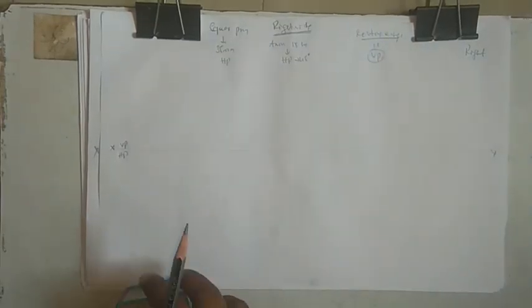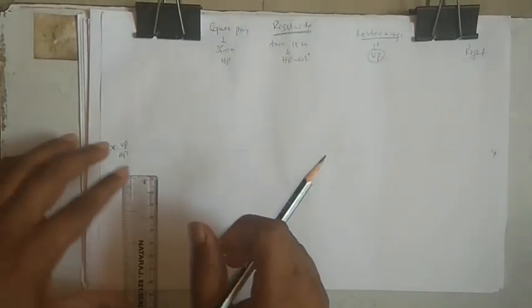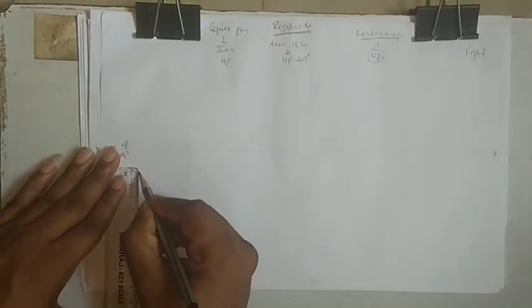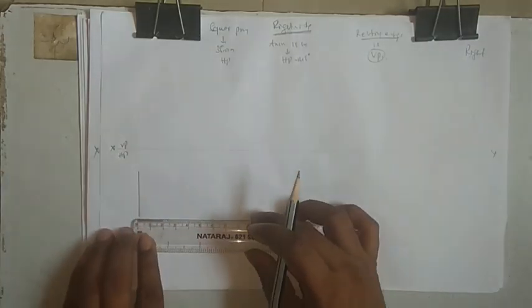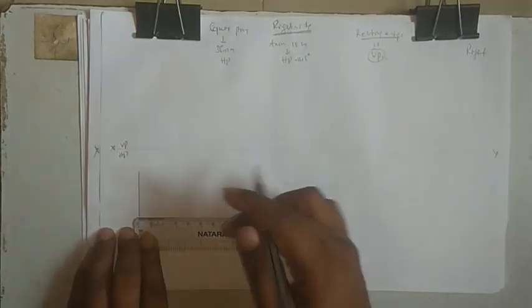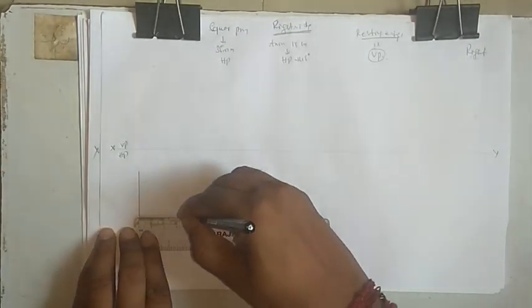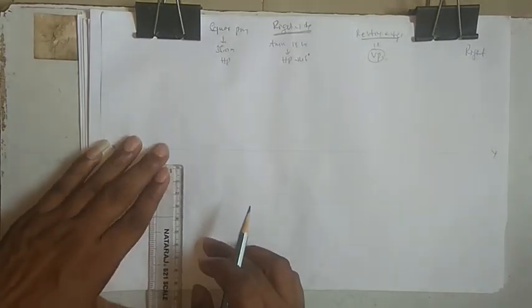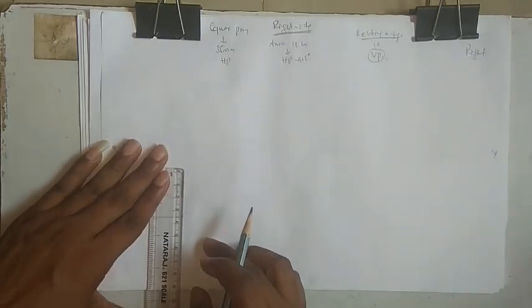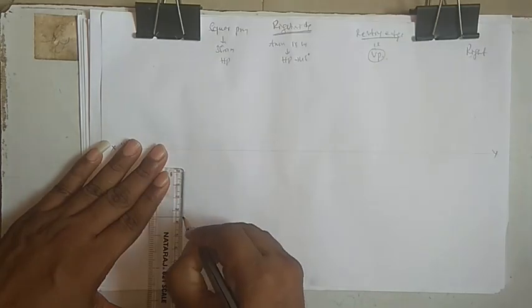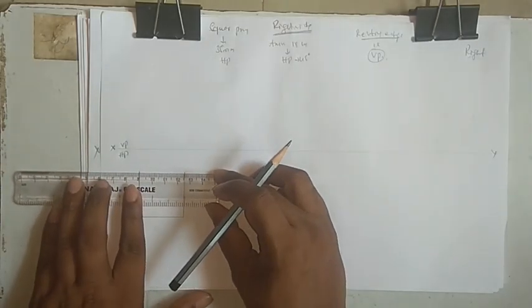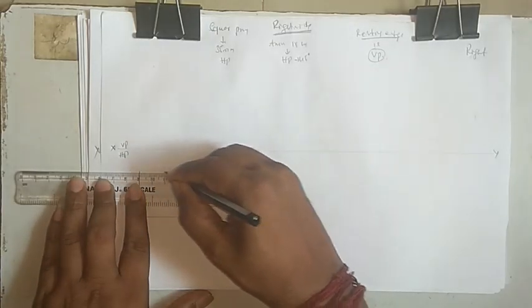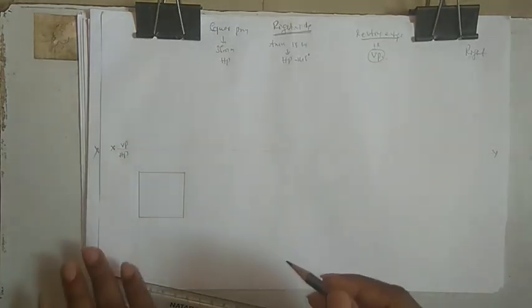To start with, we need to have a square of 35. So this is a square.